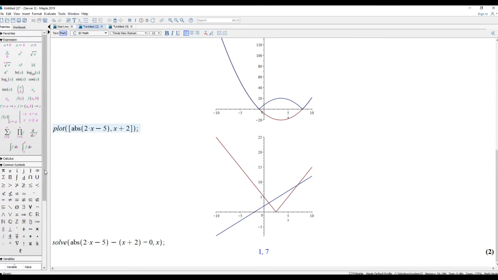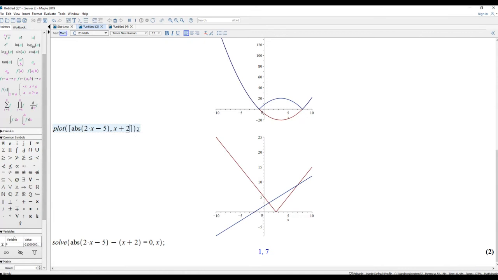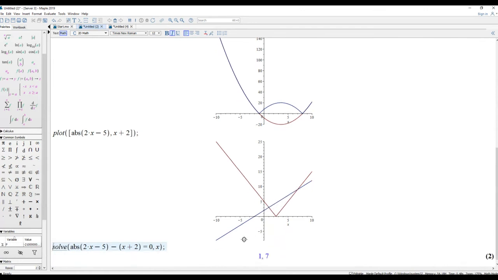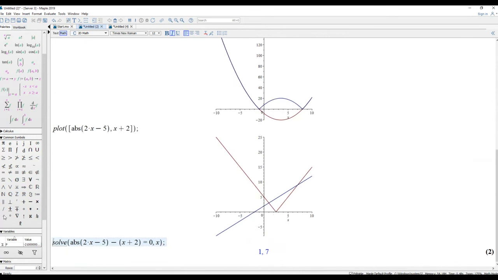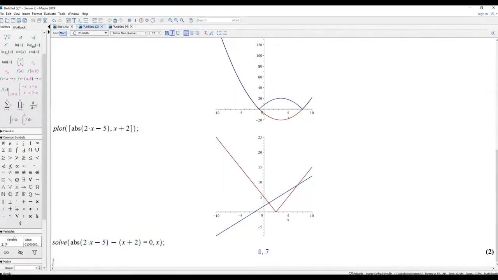I do that, boom, you can see there's one intersection here, there's another intersection here, so there's two solutions to this problem.